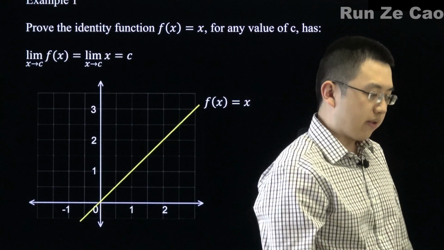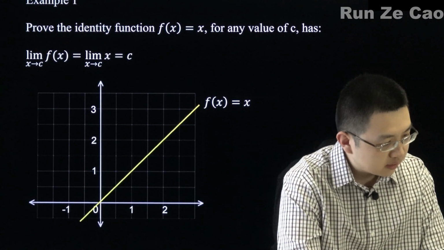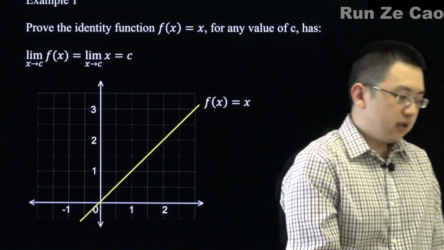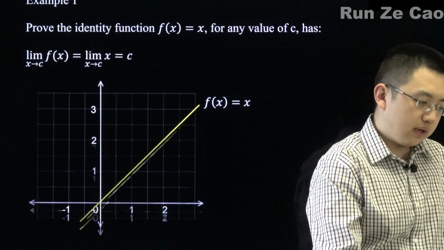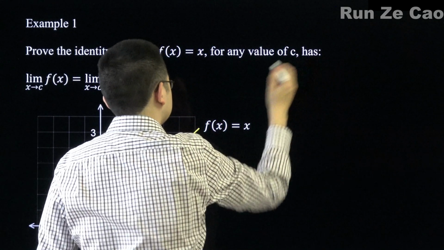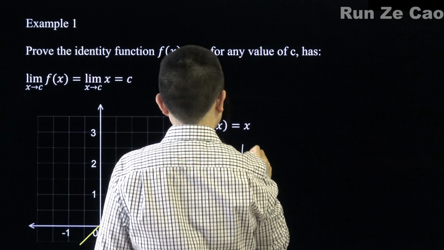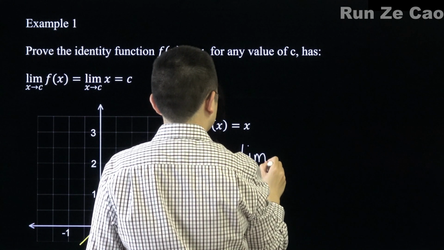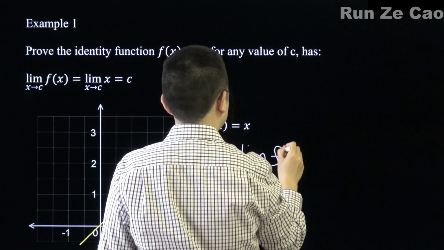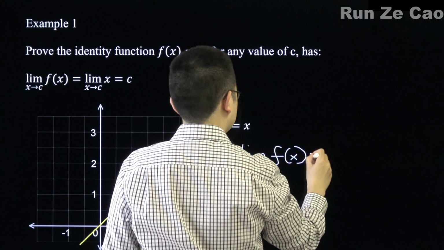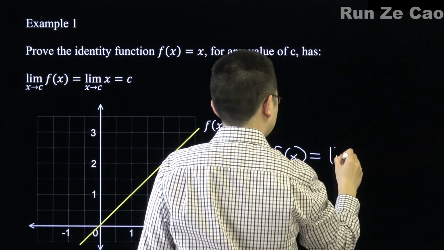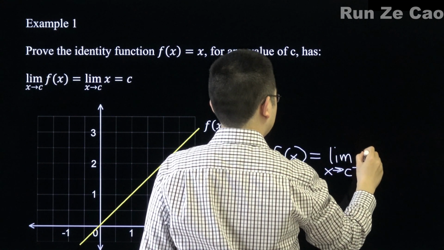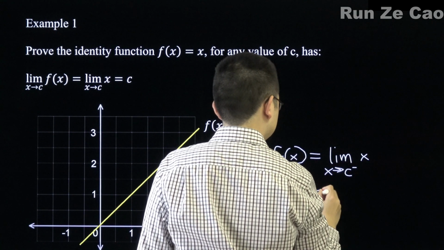So, example 1. Prove the identity function f of x equals x for any value of c has this characteristic. Well, what we can do here is take the limit as x approaches c from the negative side of f of x, which is equal to the limit as x approaches c from the negative side of x, which is equal to c.